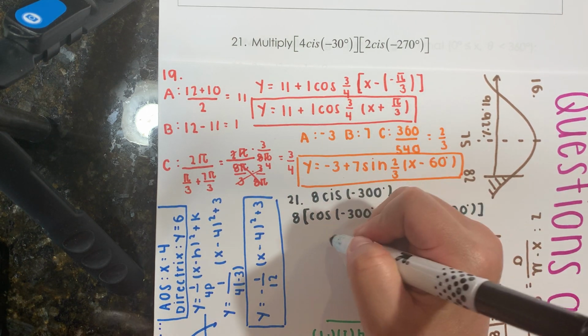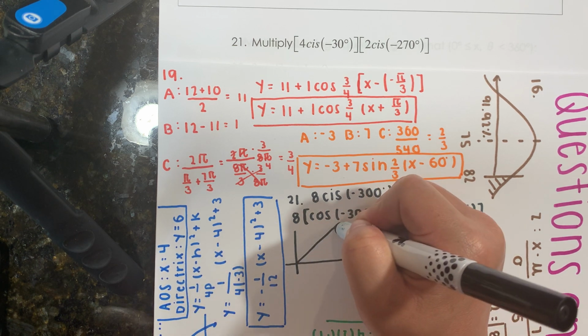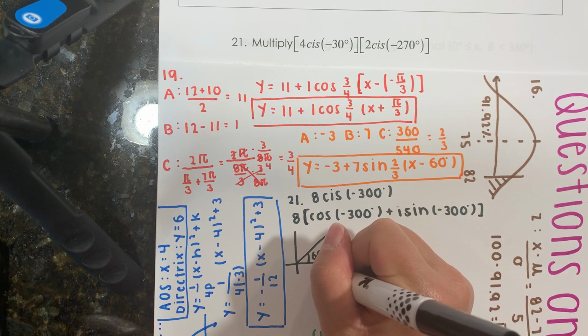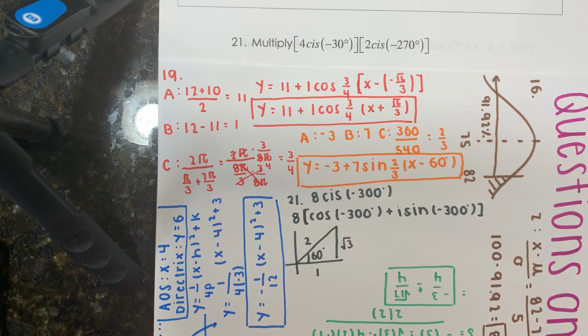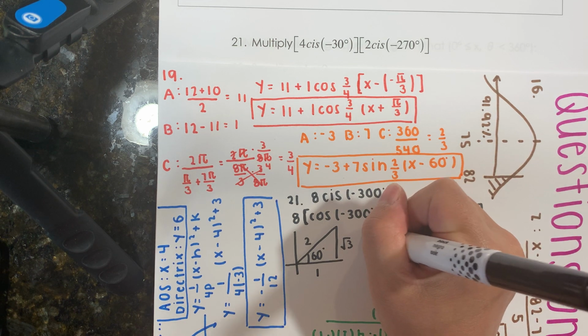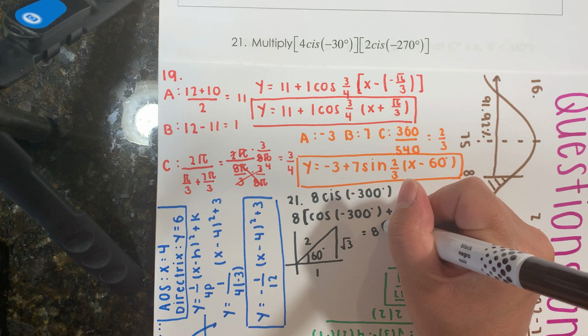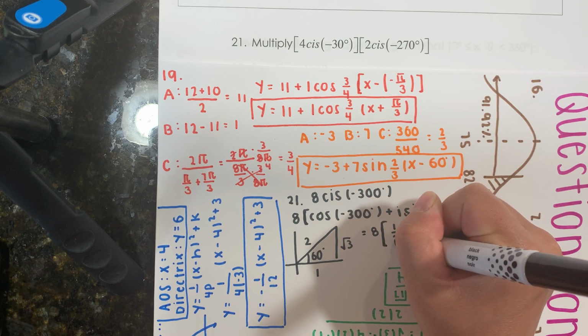Now -300 would be in quadrant 1 with a 60-degree angle, meaning my adjacent would be 1, my opposite would be √3, and my hypotenuse would be 2. So for the cosine, it will be adjacent over hypotenuse, so 1/2.